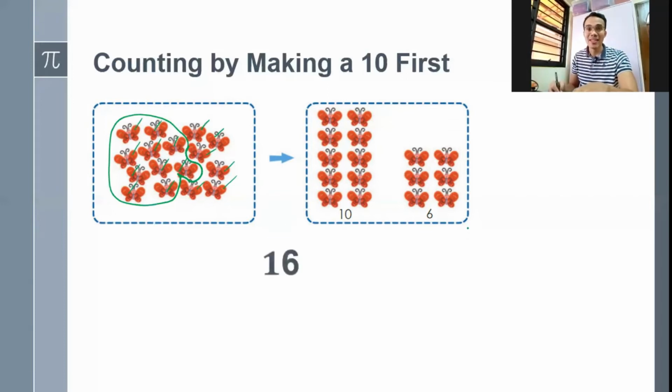Again, there are 16 butterflies, and 16 is spelled out as S-I-X-T-E-E-N. 16. Okay? Again, 16 is 10 and 6.